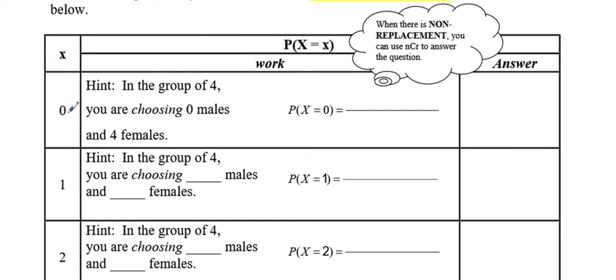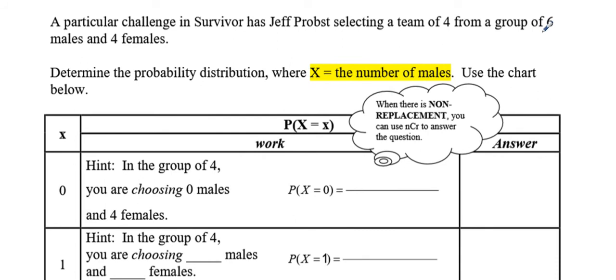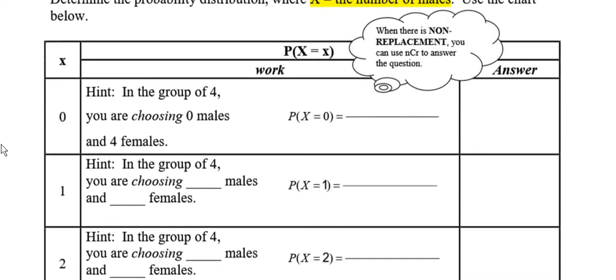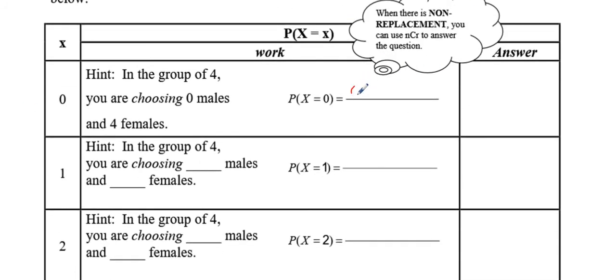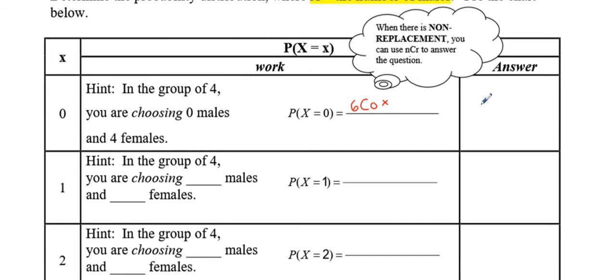Remember there are 6 males and 4 females. Out of the 6 males, we're going to choose none, and out of the 4 females, we're going to choose all 4 of them, out of a total of 10 people, choose 4 of them.